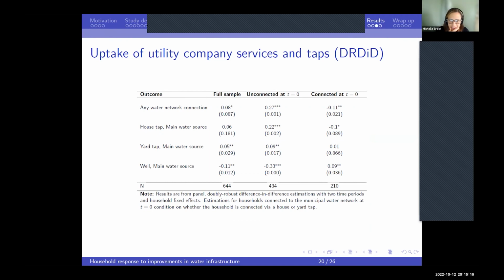Now, again, here we see actually that the treatment increased uptake of yard taps as opposed to house taps. But when we partition the data by whether or not they were connected at baseline already, we see that there's actually a much larger increase in house tap adoption. So most of these results are driven by people who were unconnected at baseline, which is not surprising.